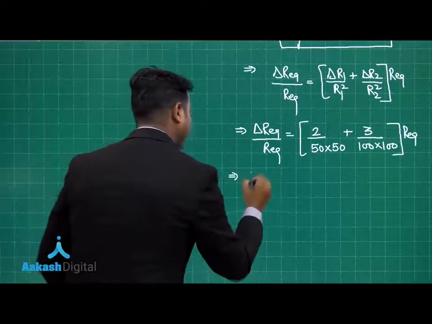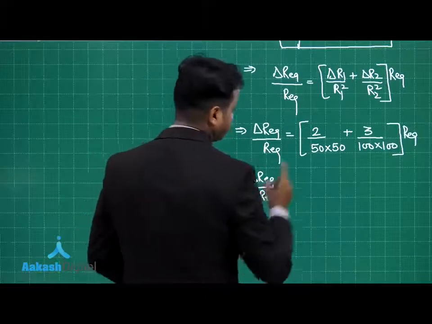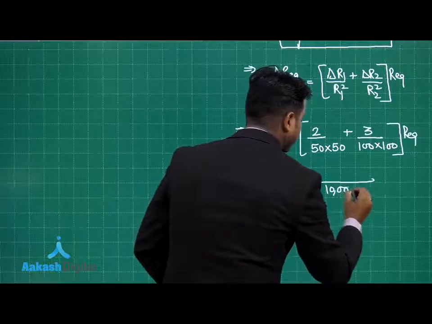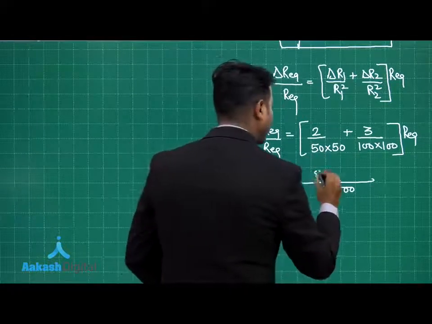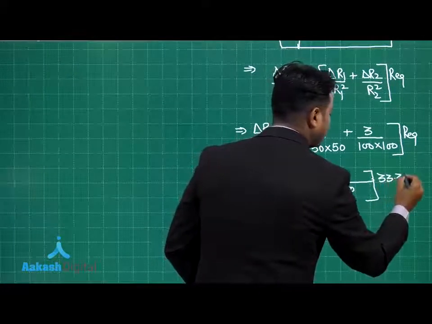Now if I solve it further, delta R equivalent by R equivalent will simply be, if I take the LCM, would be 10,000, and this will give me 4 to 8, and this is 8 plus 3 multiplied with 33.33 ohms.